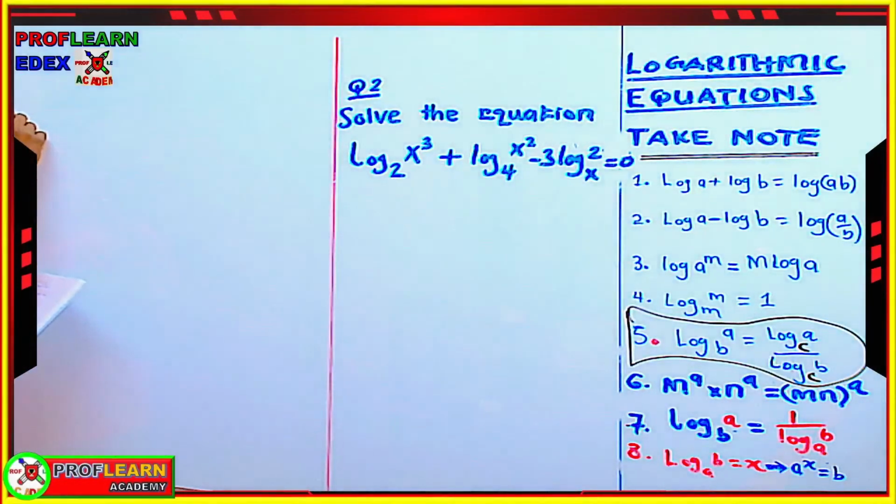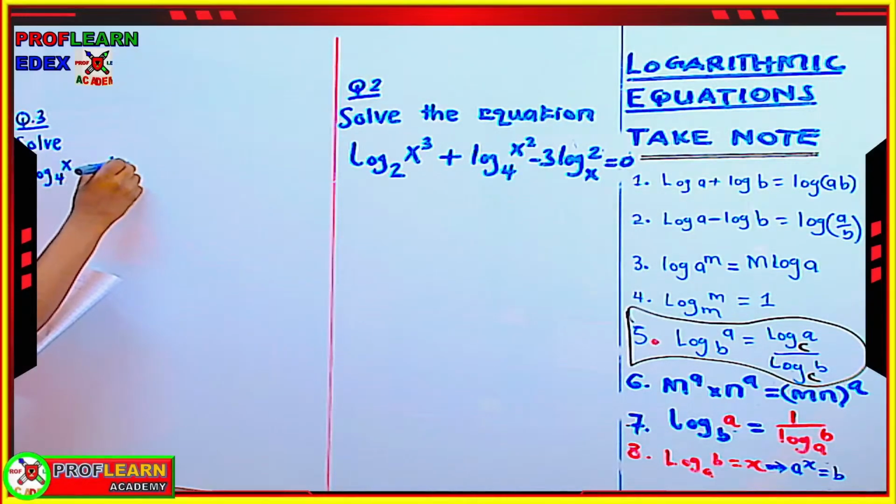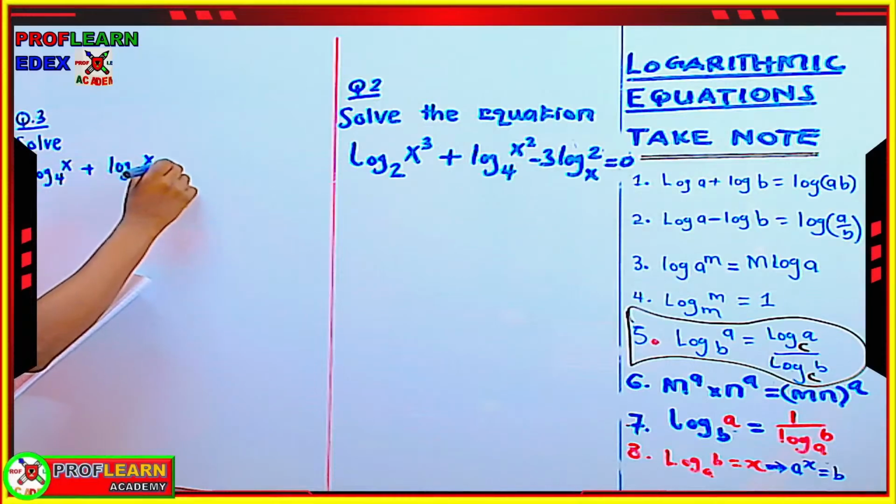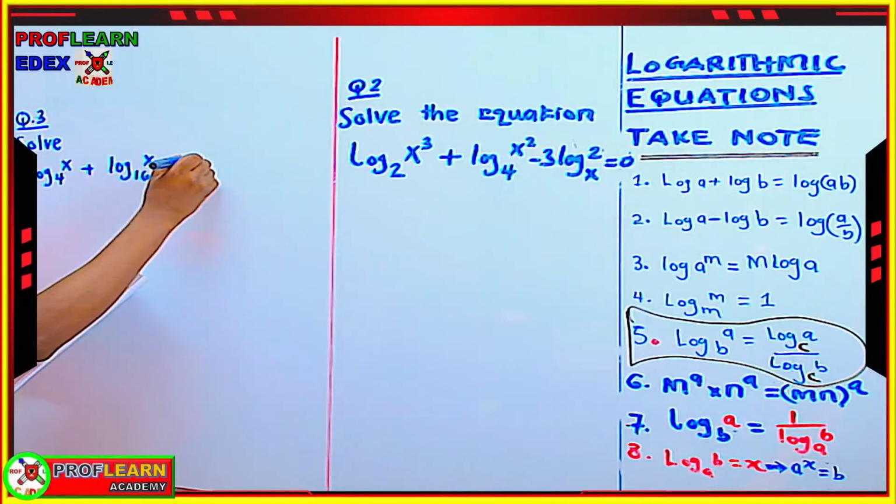And to do that, I'm going to say this is going to be log x power 3 base 2 plus. How am I going to express this to base 2? I'm going to say this is going to be log x squared over 4, that is log x squared over log 4, then I introduce the base I want.